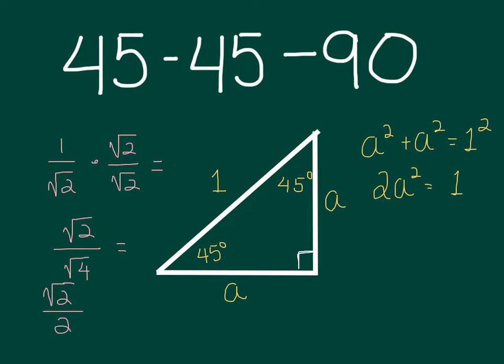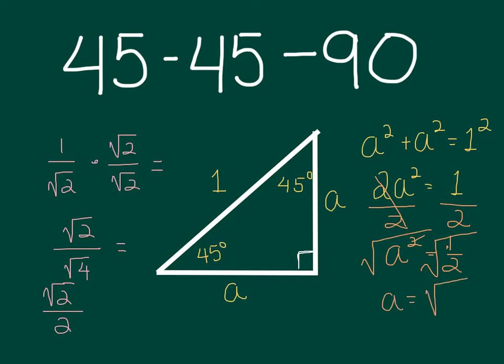Alright, so I'm going to walk us through solving the rest of this. Of course, I want to now divide by 2 to get rid of the 2 on that side. Divide by 2. So now I'm left with a squared equals 1/2. Well, at this point, I'm going to take the square root of both sides. So I have a equaling the square root of 1/2.